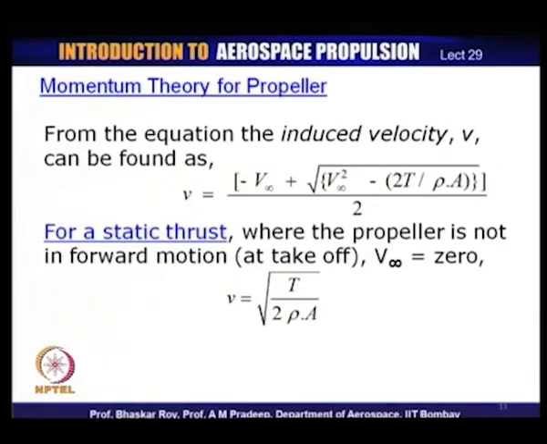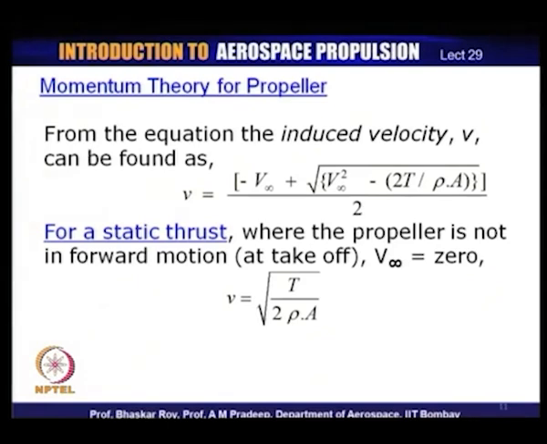If you do a simple mathematical analysis, you would find that the induced velocity comes out to be minus v infinity plus root over (v infinity squared minus 2T divided by rho A), and this whole thing divided by 2. This is of course the induced velocity that one can see in front of an actuator disc.